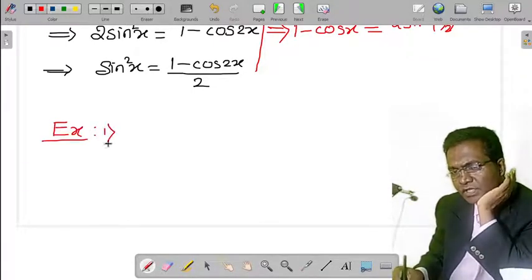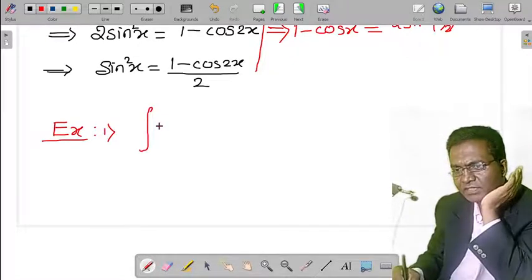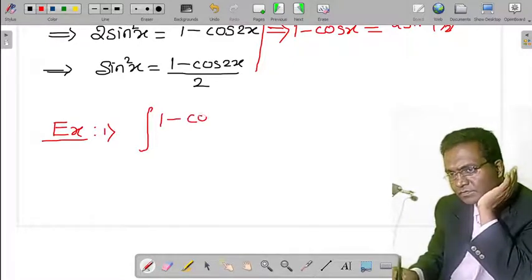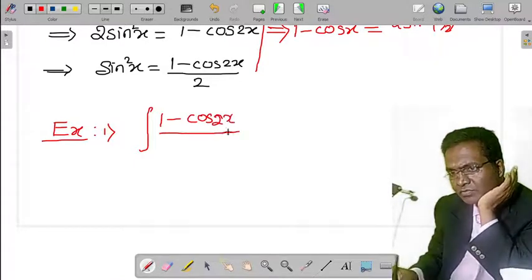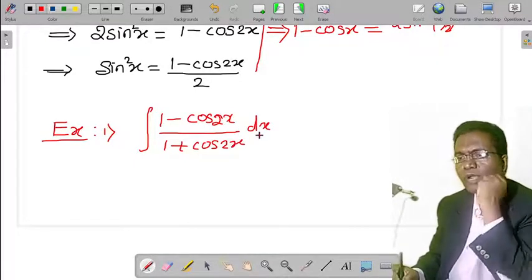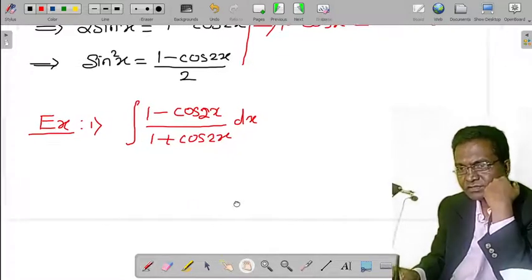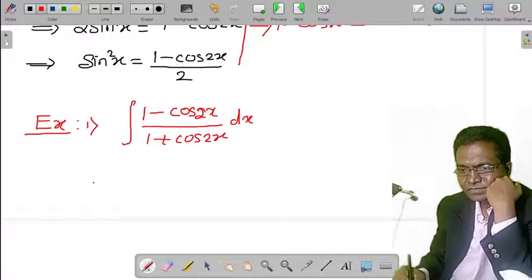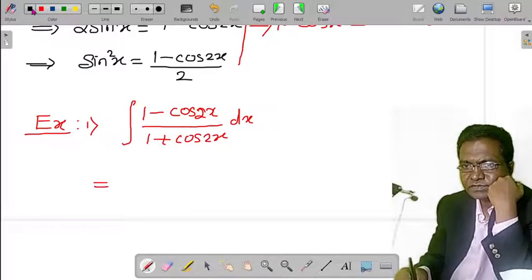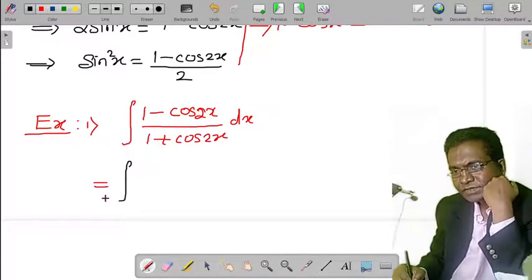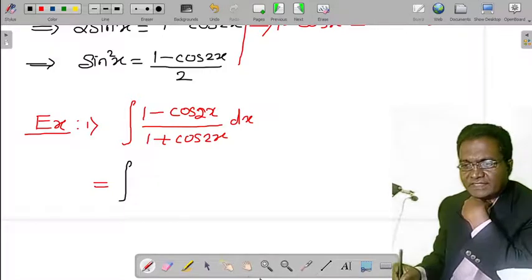Suppose you come across a situation like this, 1 minus cos 2x by 1 plus cos 2x dx. If you want to integrate this, you make use of the previous results.